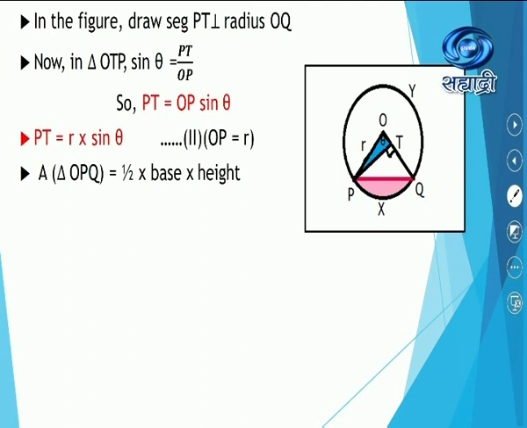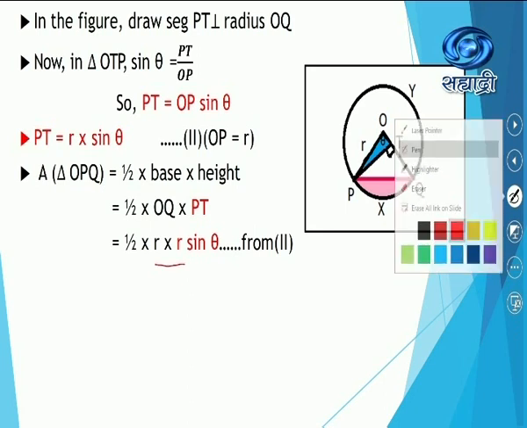Now, as I have told you earlier, area of triangle OPQ is equal to half base into height. So, half into OQ base into PT height. So, from 1 you can substitute for PT, that is R sine theta. Therefore, half into R sine theta. So, here you can see R into R is there.